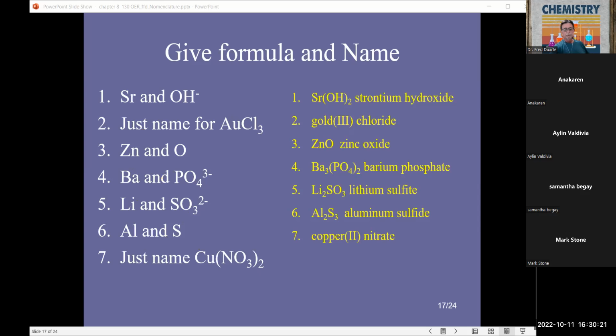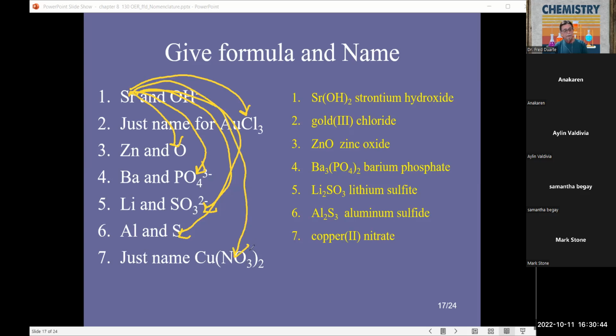Now, also remember that you can mix and match. You can take the strontium and create strontium chloride, strontium oxide, strontium phosphate, strontium sulfite, strontium sulfide, strontium nitrate, and do the same with the gold.